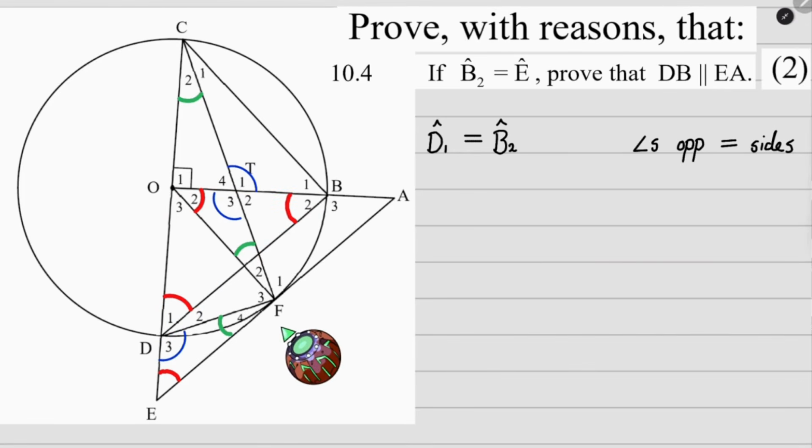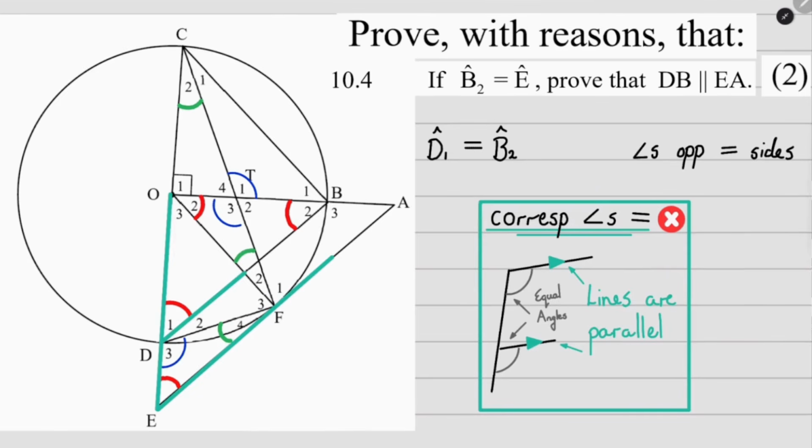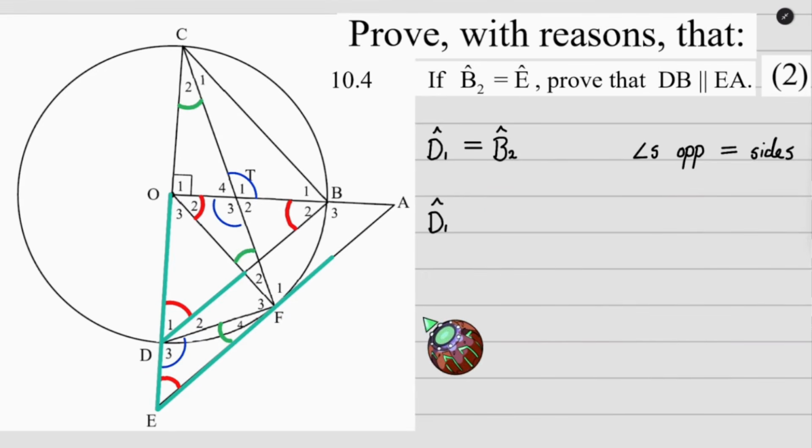Okay, and now after we've done that, the corresponding angles are equal. So I can see an F. Let me show you it a bit better. So it's a weird upside down F over here, and its corresponding angles are equal. And if the corresponding angles are equal, then we can jump to the conclusion that the lines are parallel. But before I jump into that, I just need to show the link between the corresponding angles.